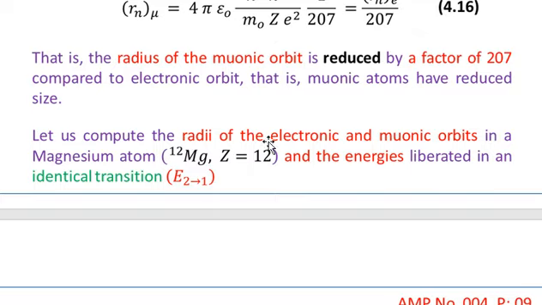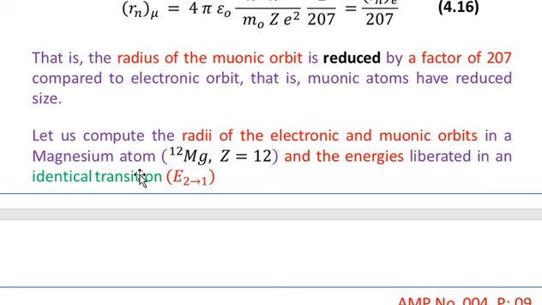Let's compute the radii of electronic and muonic orbits in the magnesium atom. You know that the magnesium atom has Z equal to 12, and the energy is liberated in an identical transition. So here we are going to compare the radii of the electronic and the muonic orbits for the magnesium atom.